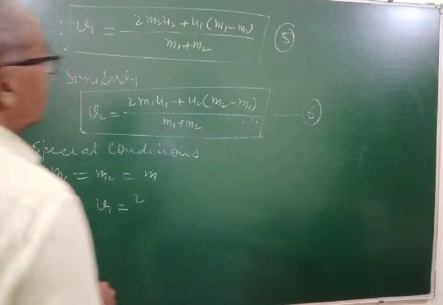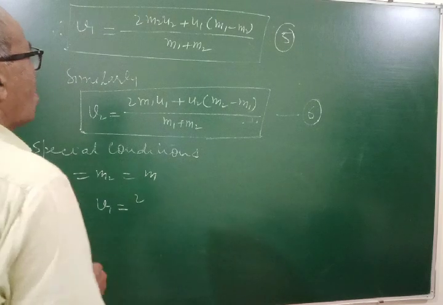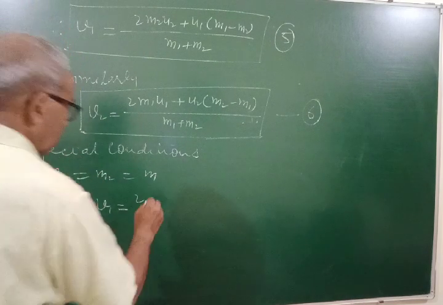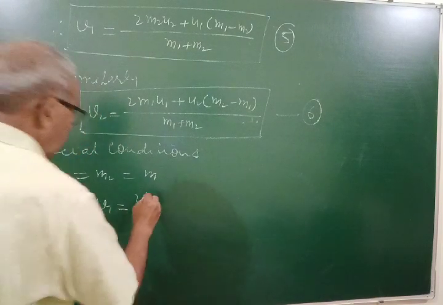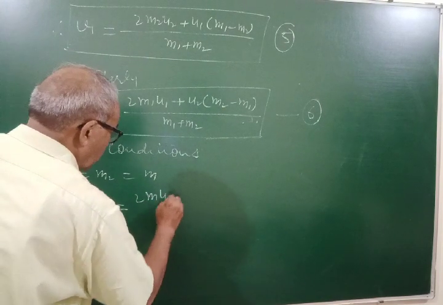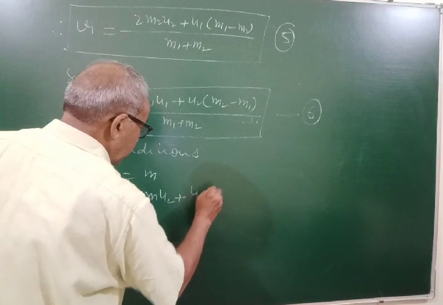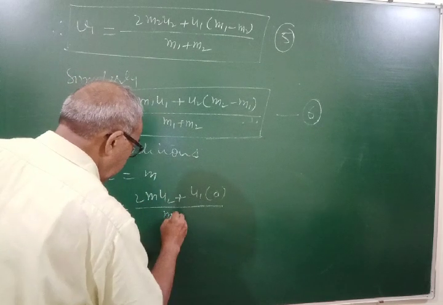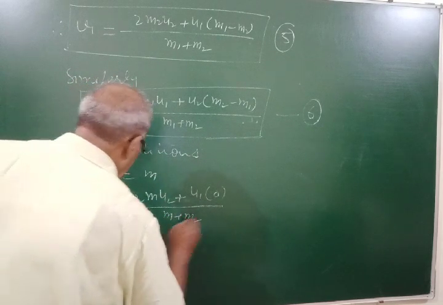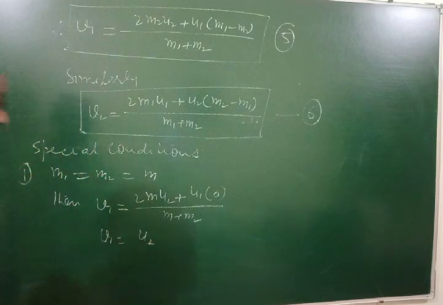Now wait. u2 plus u1 into 0 upon m1 plus m2, which means m plus m. यानी कि v1 is equal to u2 हो जाएगा.